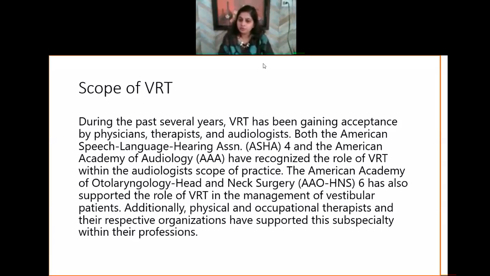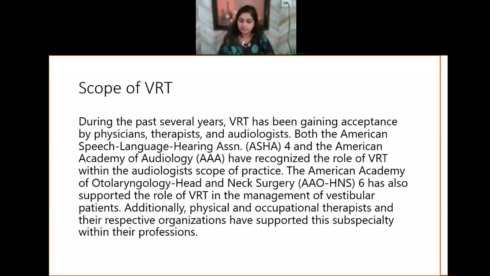But if you go to the US, Canada, the UK, or Australia, if you are very thorough with vestibular, it adds extra points to your resume. They definitely have a very large scope outside India. And even in India, it just needs awareness so that we can do it together. So we definitely need awareness about that.